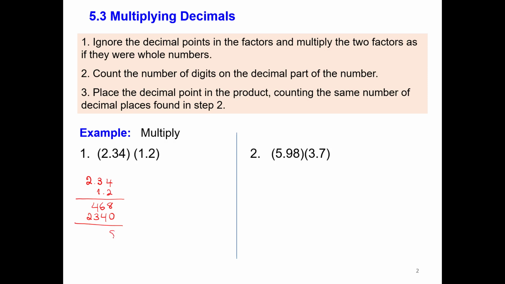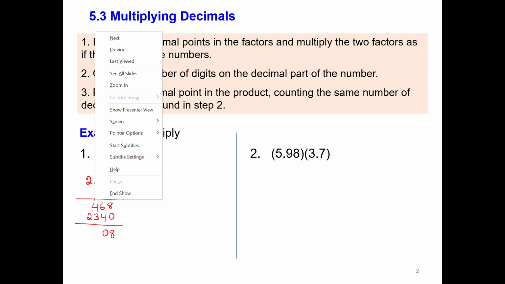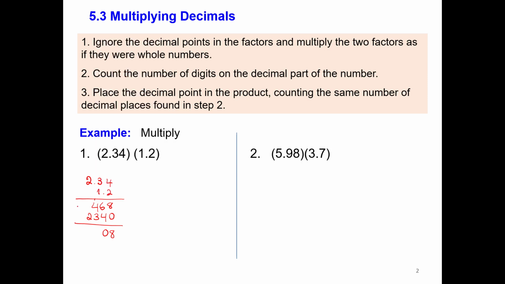Now 8, 10, carry the 1. Now we are adding. Then 1 plus 4 is 5, plus 3 is 8, 2 is 2. Now we have multiplied the numbers, thinking that the decimal points are not there.